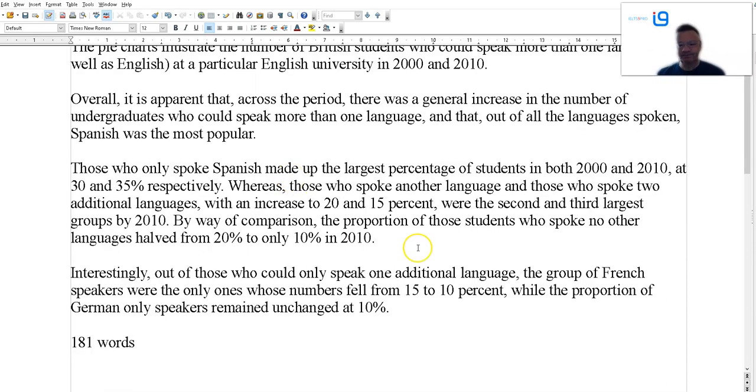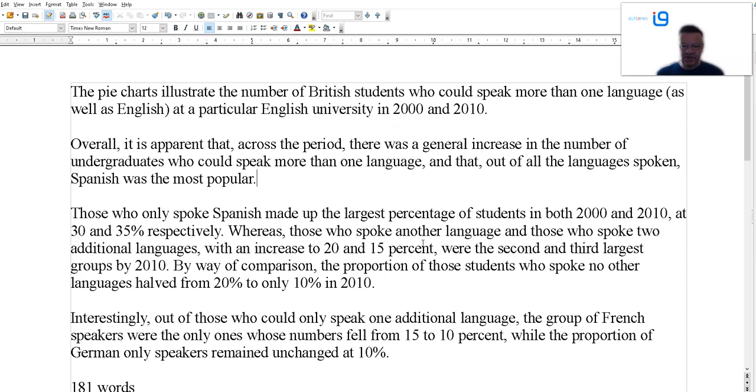And then comparisons. 2000, 2010, 30, 55, went up, second and third largest, that halved, interestingly, that fell, that was unchanged. So that should give you some ideas about how you can structure it.